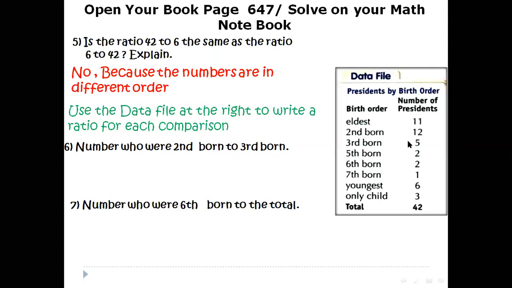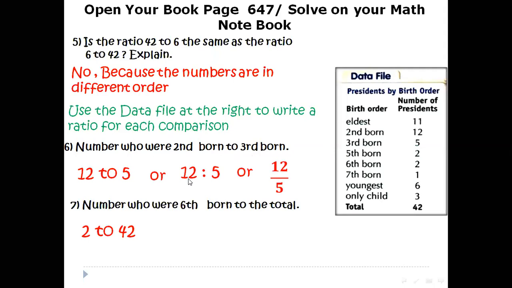Second born, 12. Third born, 5. So 12 to 5. It doesn't matter which way you use, you can just write one of them if the question didn't mention the 3 ways. Any of them is correct.